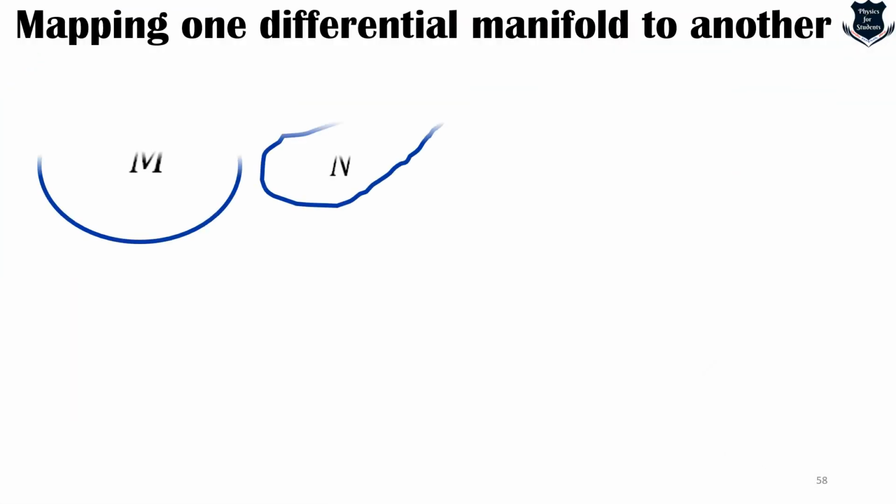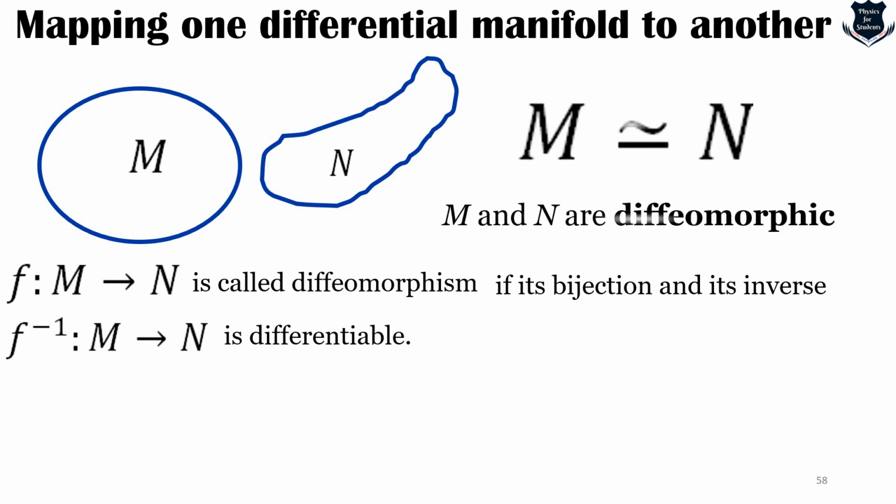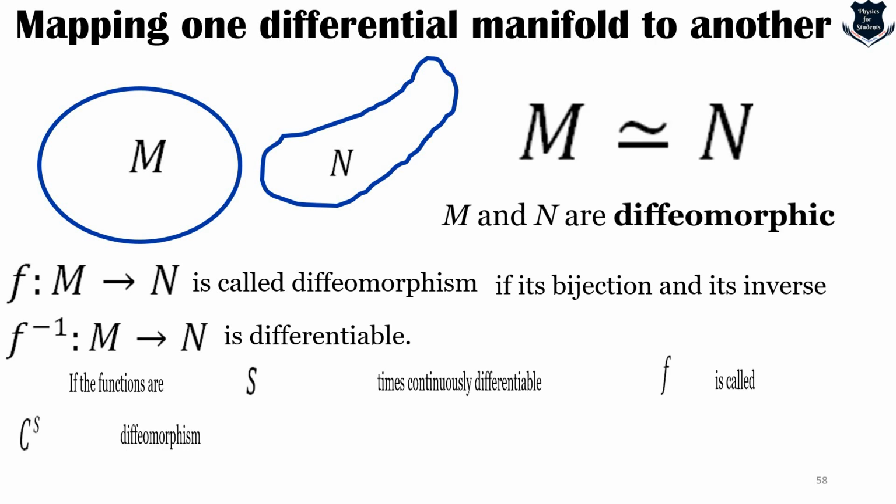So what we can tell is that if we take two manifolds M and N, a differentiable map F is called a diffeomorphism if it is a bijection and its inverse is differentiable. Obviously, it should be a bijection and its inverse should be differentiable. So these two, M and N, are diffeomorphic, and it is denoted by this.